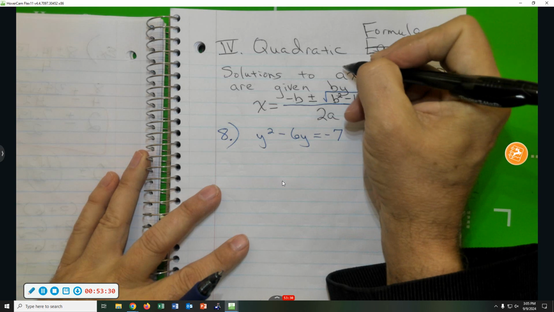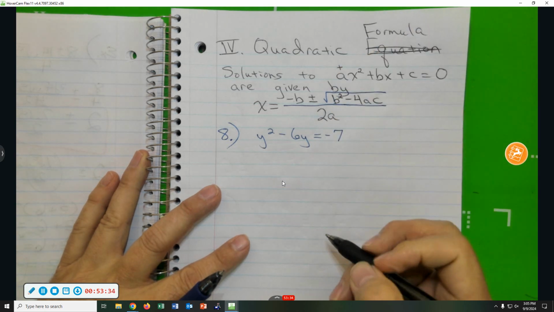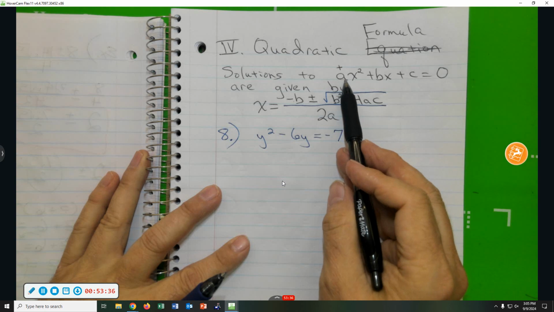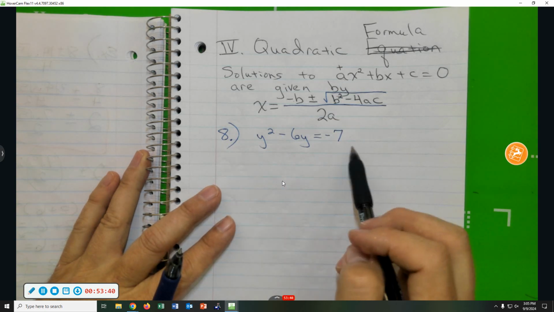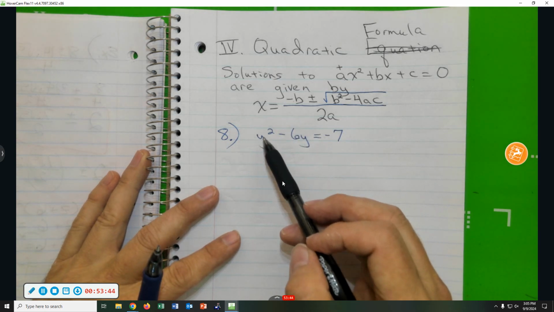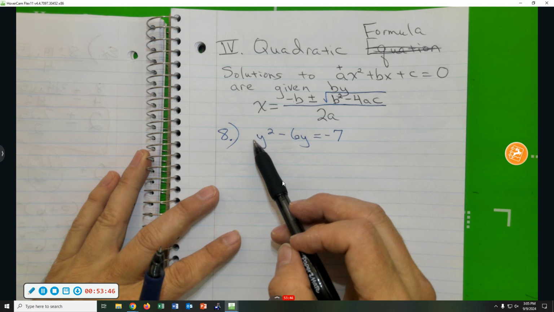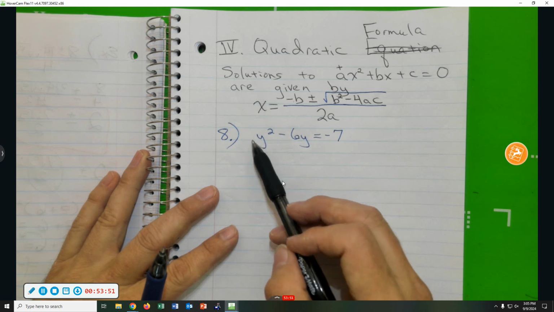I want that a value to be positive. If that leading coefficient isn't positive, I'm going to move the terms around so that the coefficient on the square term becomes positive. I don't see a number in front of that y squared. What's the assumed coefficient? 1.